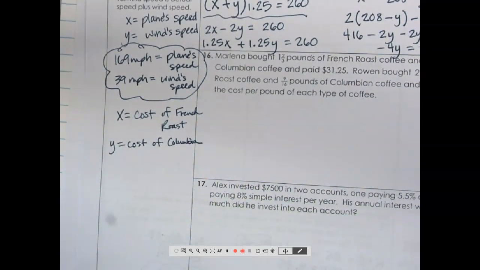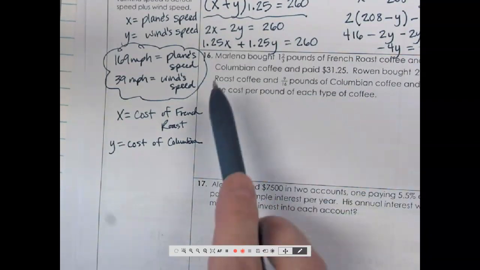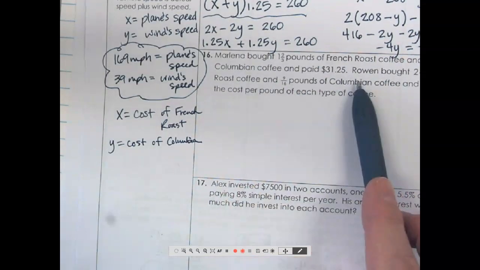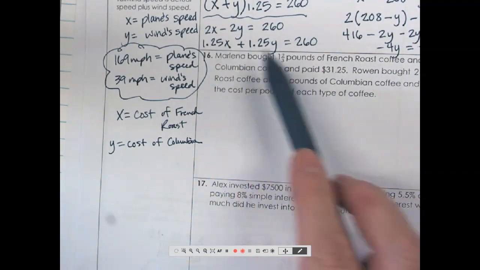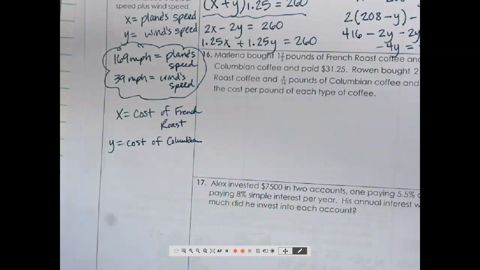All right, so let's see how we're going to incorporate this information. We have two different people. The equations are going to represent both people. So the first equation is going to be Marlena's equation. She bought 1 2/3 pounds of French roast, 3 1/8 pounds of Colombian, and paid $31.25.